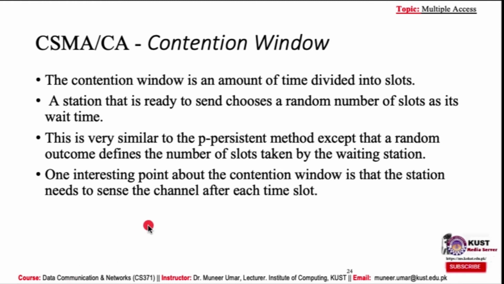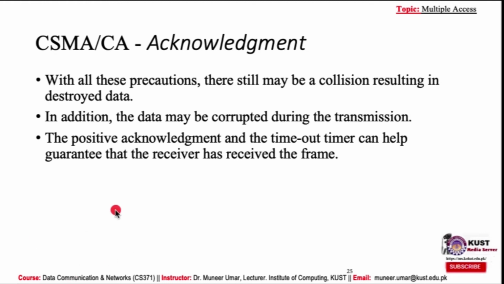The last strategy is acknowledgement. With all the precautions, there are still chances of collision resulting in destroying data. Even if we apply the other two strategies, we may get collision. So the last thing is acknowledgement.